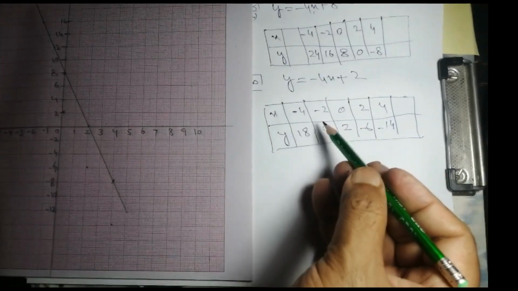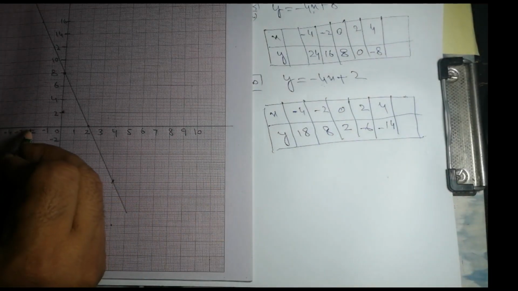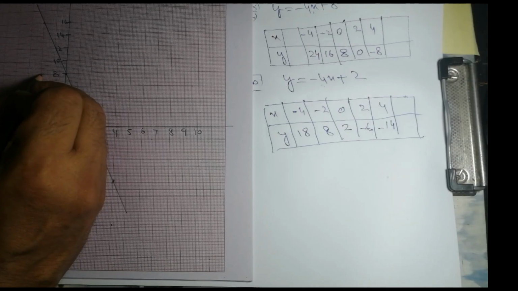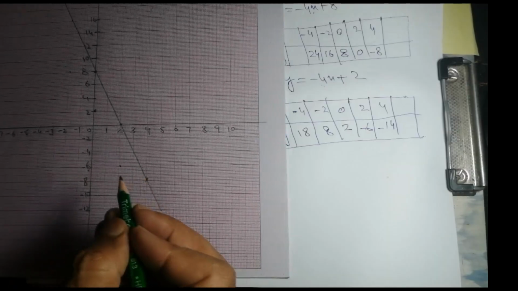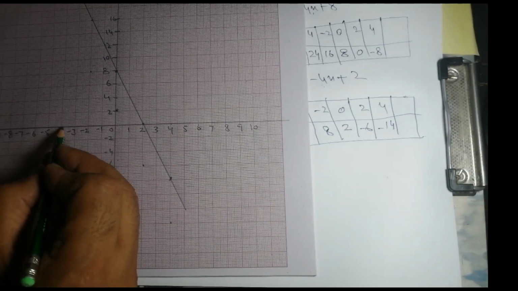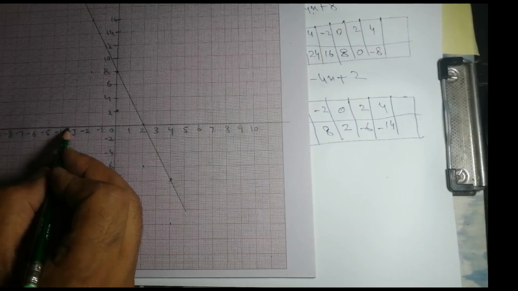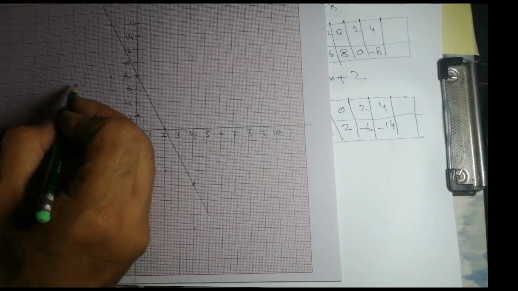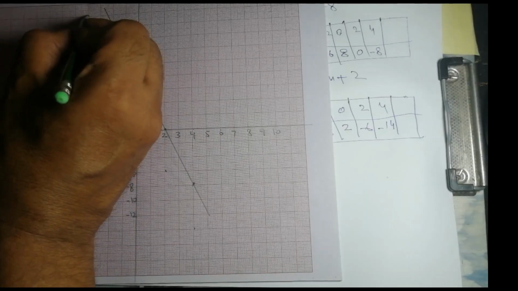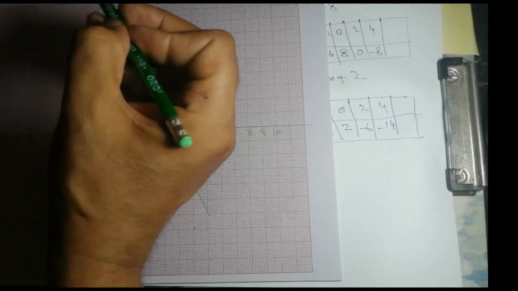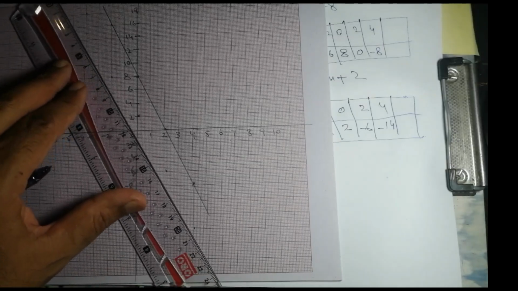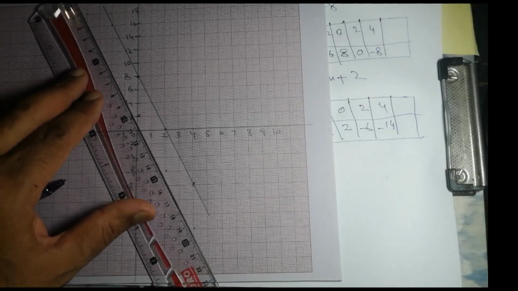And then -2 and 8, -2 is this one and 8 is this one. -4 and 18, so -4 is this one, and 18 is here. So now we drew all the points and we can join the points.